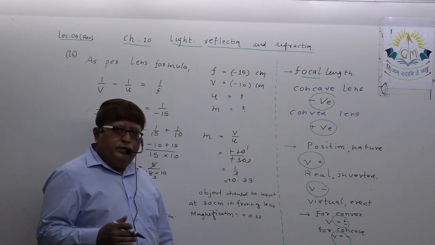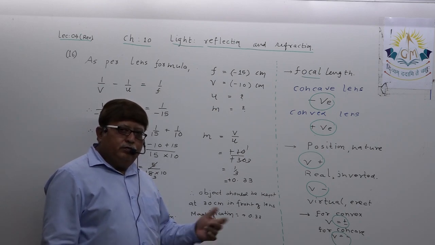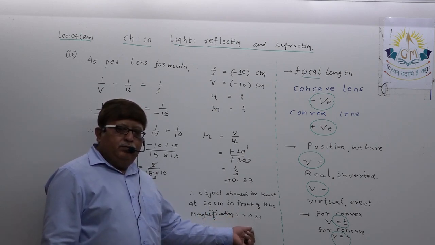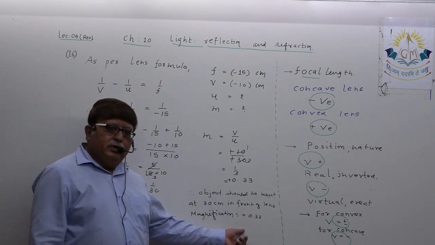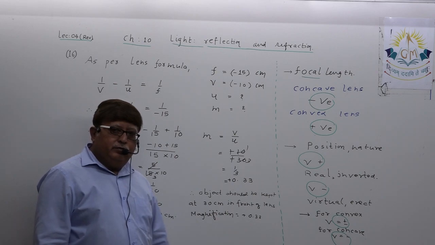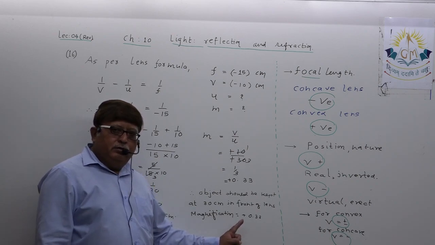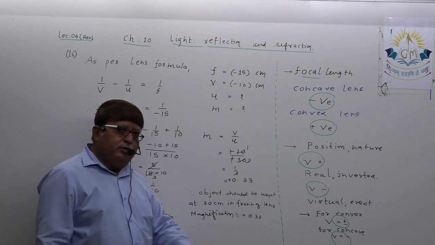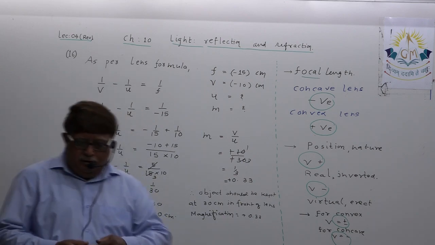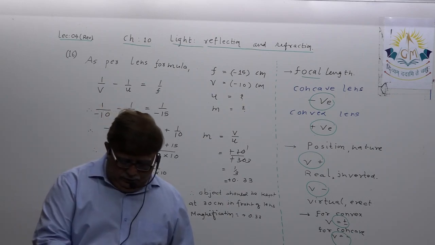Nowhere you are asked regarding the nature of the image, but simply from the value of magnification you can guess. Because magnification is positive 0.33, less than 1, you can say that the image is virtual, erect, and smaller. Okay, just have a look at the sum before we move to sum number 17.